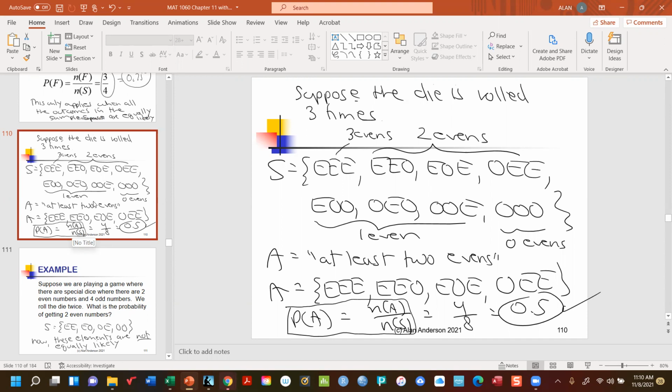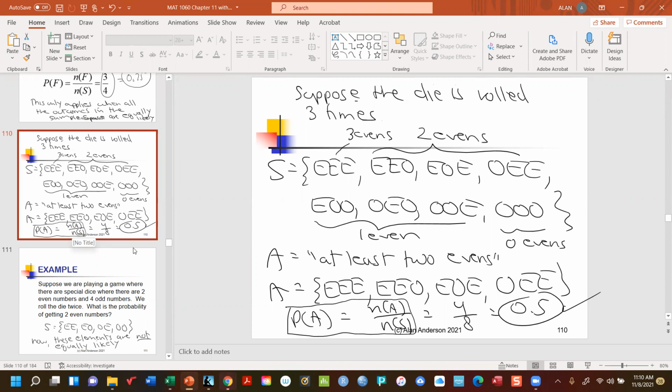Now, of course, that means everything except two evens. But before we calculated, we ended up with a different result. So if we still have F representing at most one even turns up, or EO, OE, and OO, if you notice, this time, the only way we can do this is to add up the three individual probabilities, and we end up with 8/9, because they're not all the same. Instead of 3/4, we ended up with 8/9.